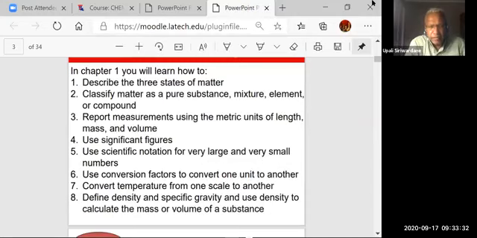And measurement has to be shown in scientific notation and normal form, and use conversion factor to convert one unit to another. Conversion factor is like 1 inch is 2.5 centimeters, like that. And temperature conversion between Celsius to Fahrenheit, Celsius to Kelvin.